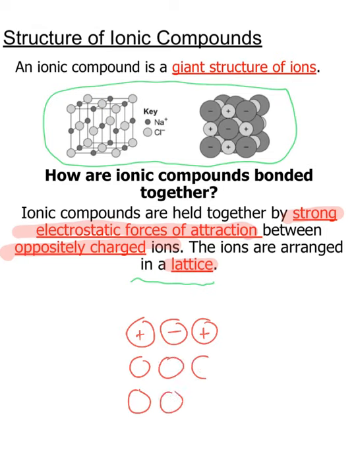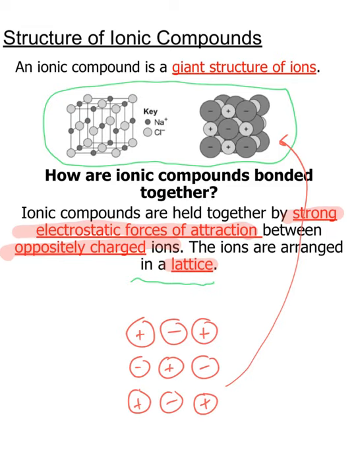Again, this is just one model, really basic, where you just see positive ions and negative ions bonded together. So what I've drawn here is a 2D diagram of this. You have to understand that we can look at multiple models, but really we are all looking at the same thing. All three of those diagrams show you a giant structure of ions, or a giant lattice structure of ions.